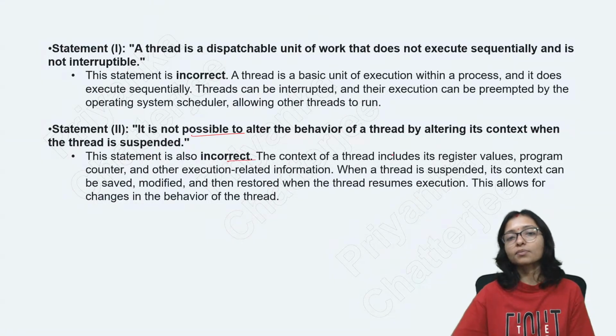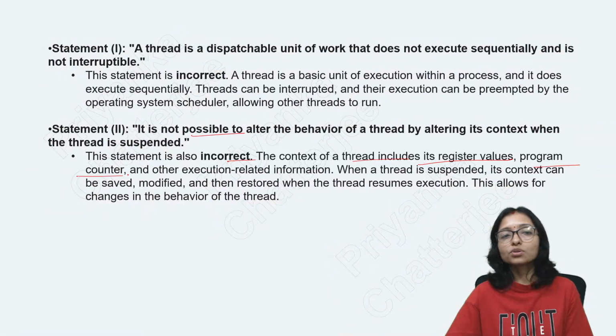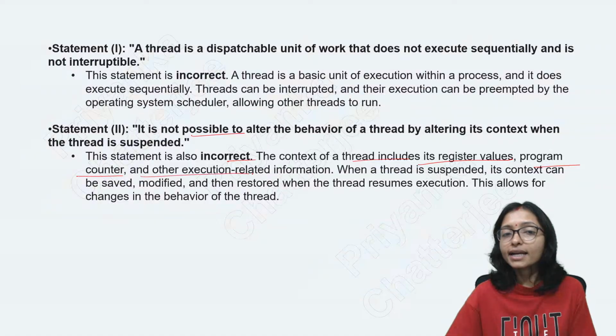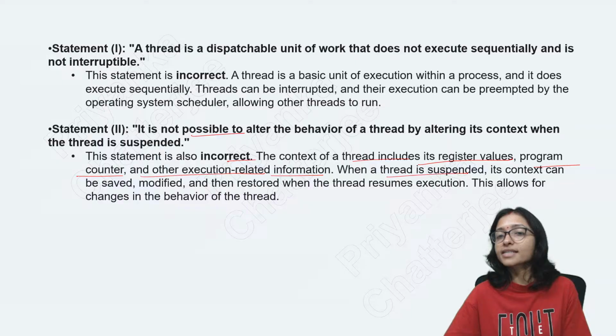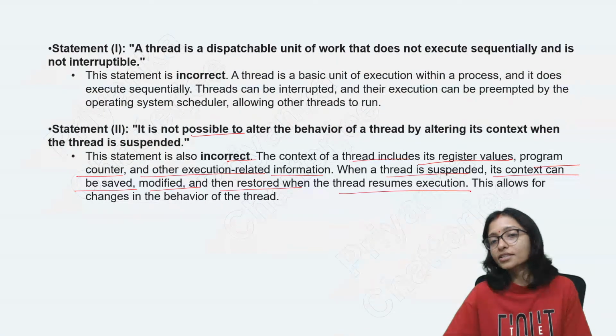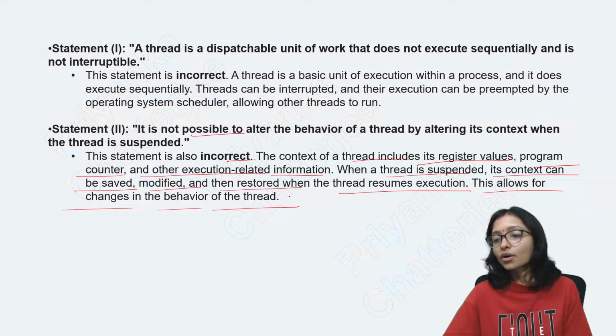It is incorrect because the context of a thread includes its register values, program counter and other execution-related information. When a thread is suspended, its context can be saved, modified and then restored. When the thread resumes execution, this allows a change in behavior of the thread.